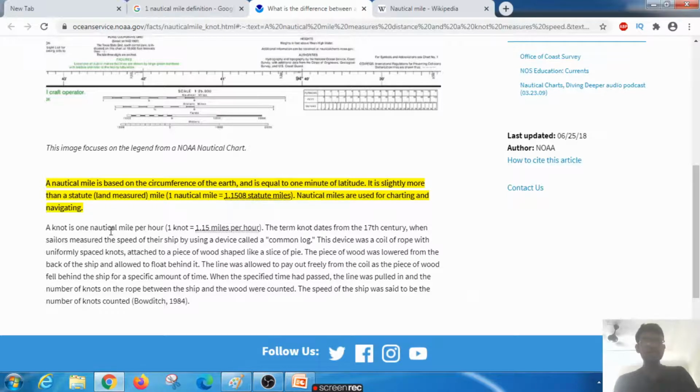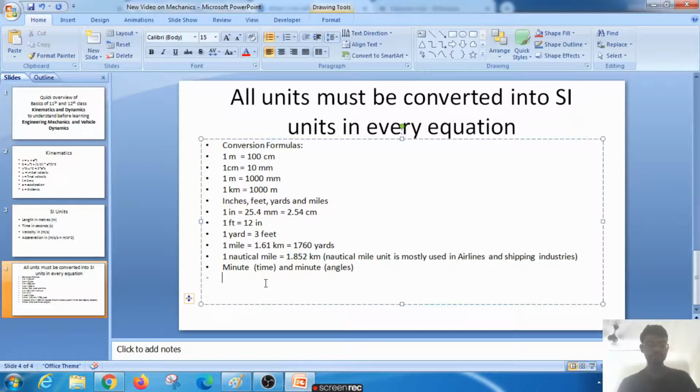And if the speed is 1 nautical mile per hour, it is known as a knot, right? This is also another important thing that you need to know. All these conversions are very important.